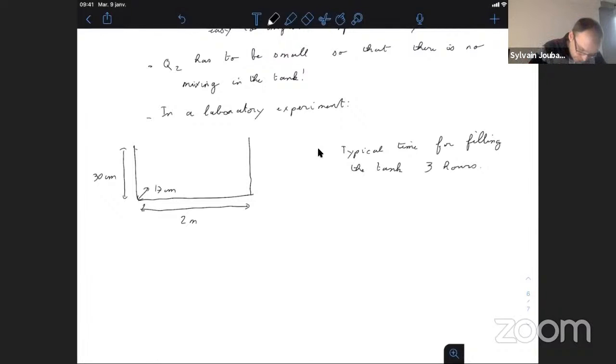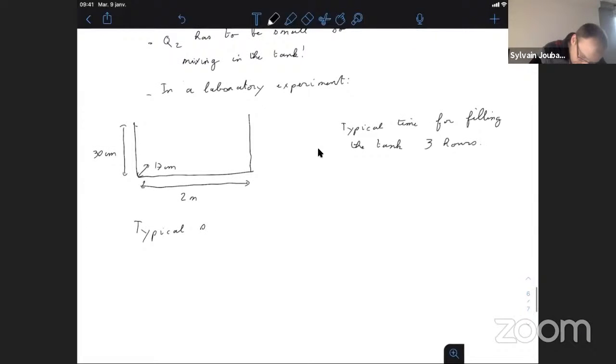Now, for the first question, a typical stratification in the laboratory.